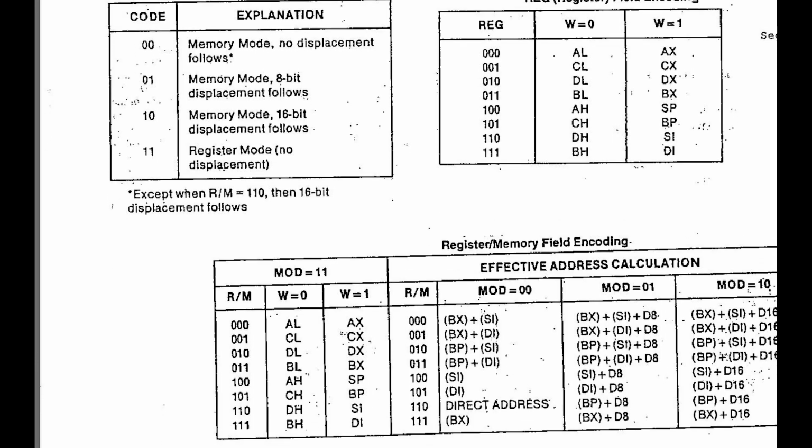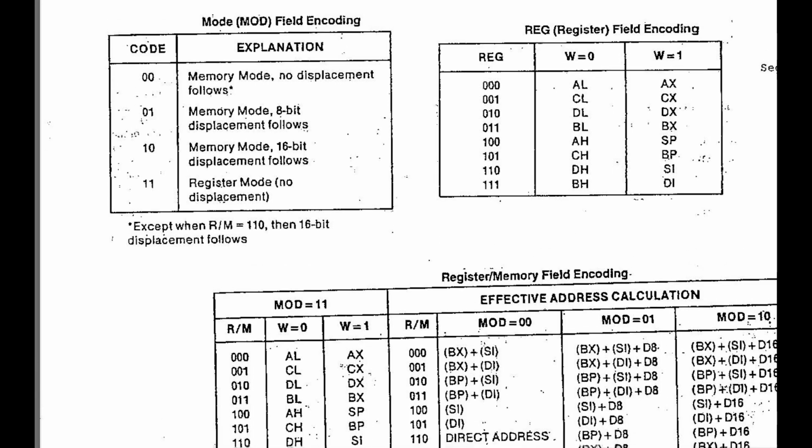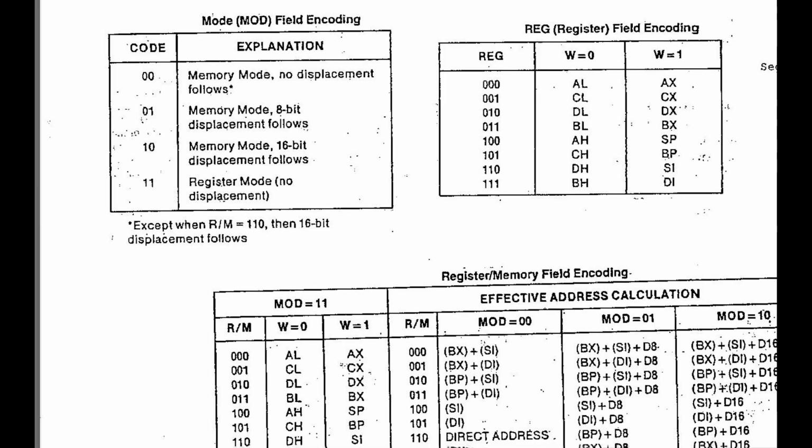So let's encode that one. I'll give you a couple seconds so those of you that are way ahead of the rest of the class can get them done, and then I'll jump in and help everybody else. What's the addressing mode of this one?